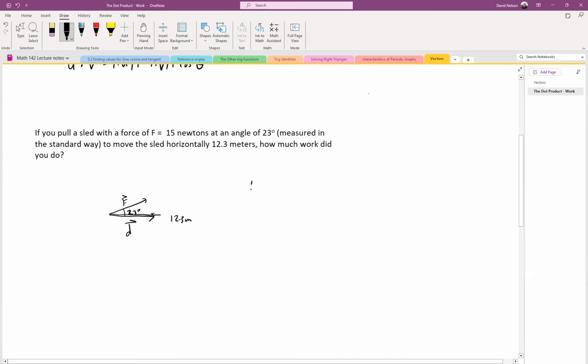The amount of work we're going to do is the magnitude of the force times the magnitude of the distance times the cosine of the angle in between those two, cosine of theta. Since we're moving horizontally, our angle is going to be 23 degrees. I'm going to do 15 times 12.3 times the cosine of 23 degrees to get the amount of work that we've done.